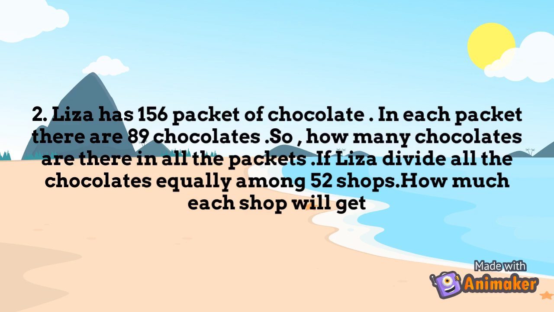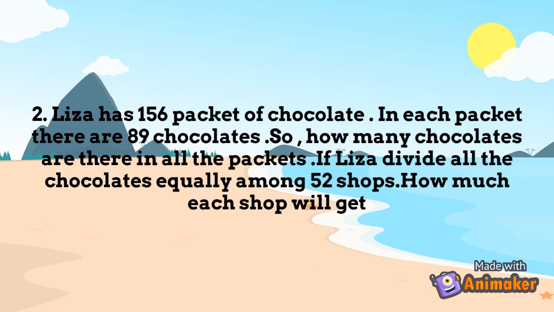Lisa has 156 packets of chocolate. In each packet there are 89 chocolates. It's simple. If one packet equals 89 chocolates, then how many chocolates are there in all packets? If one packet has 89 chocolates, then in 156 packets, how many chocolates will there be? Then it's simple, we have to do multiplication.